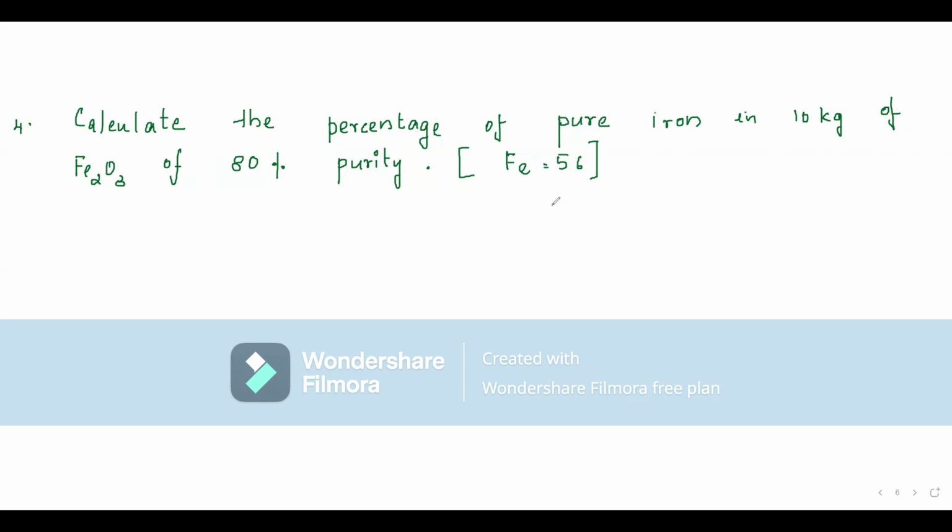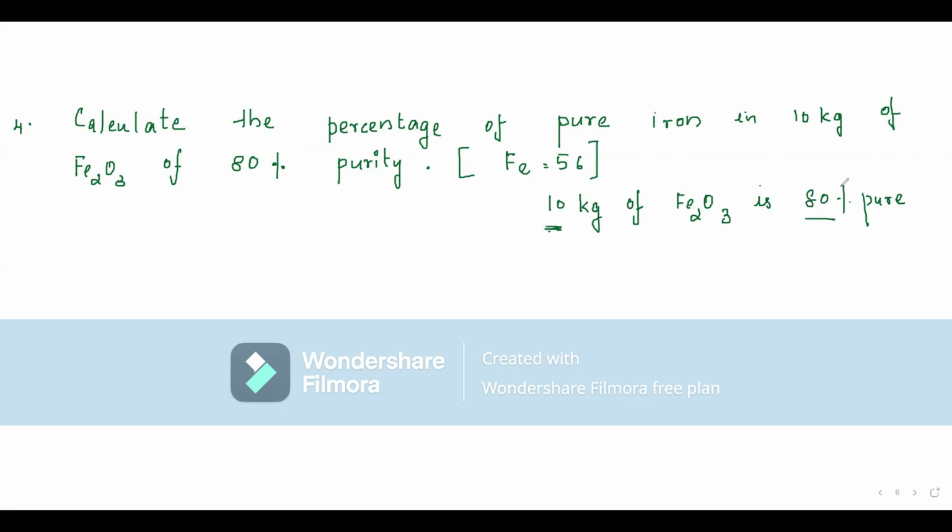Now, first of all, 10 kilogram of Fe2O3 is only 80% pure. In 10 kilogram, 80% is Fe2O3, 20% is some rubbish. So we don't need that 20%.